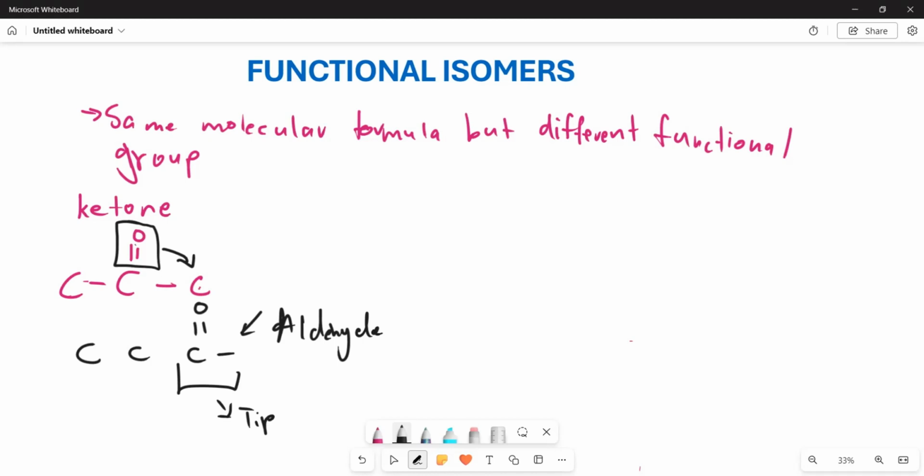Similarly, an aldehyde is always found at the tip of your carbon chain, and as soon as you move it to the middle, it becomes your ketone.